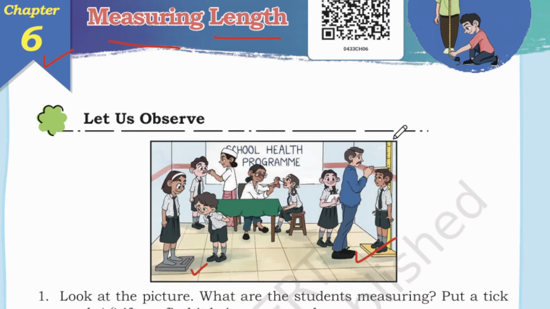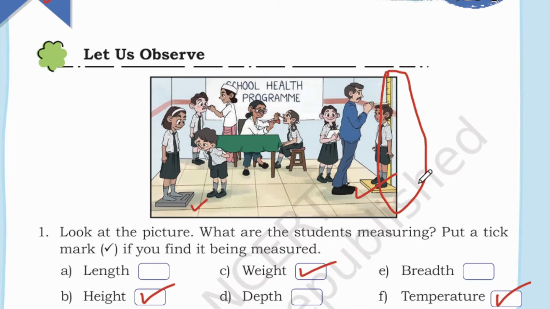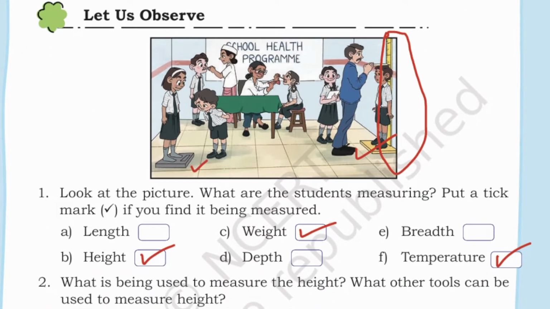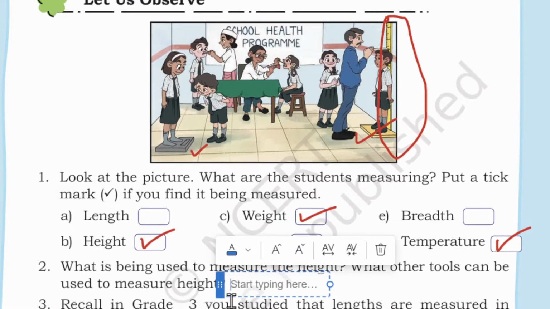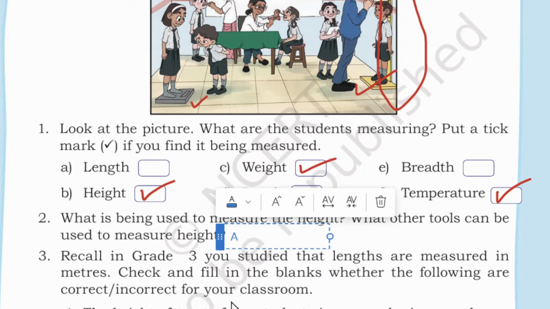So if you see, this is a measuring scale. You have to write: a measuring scale is used to measure the height.